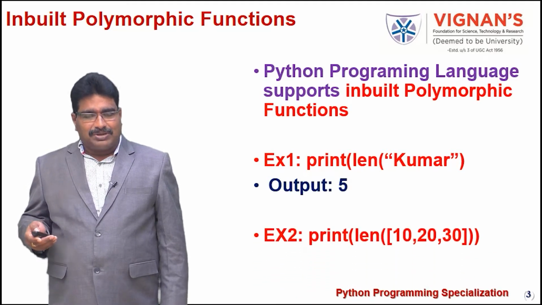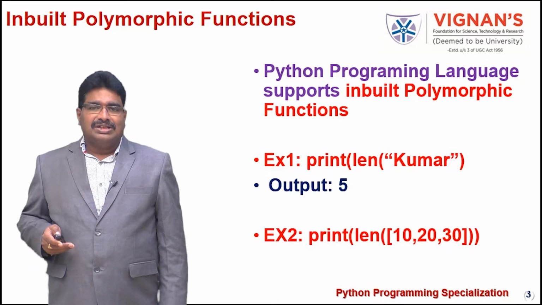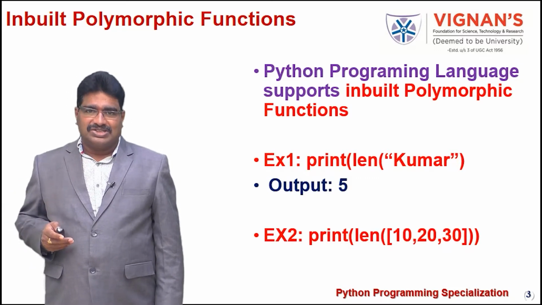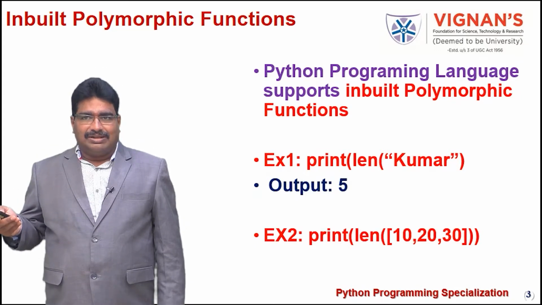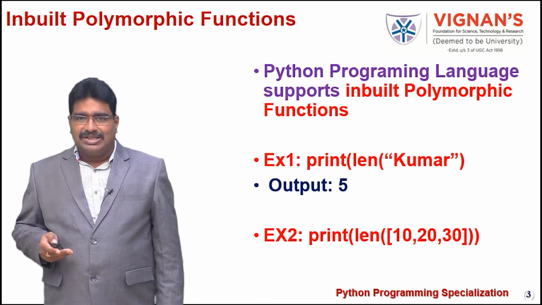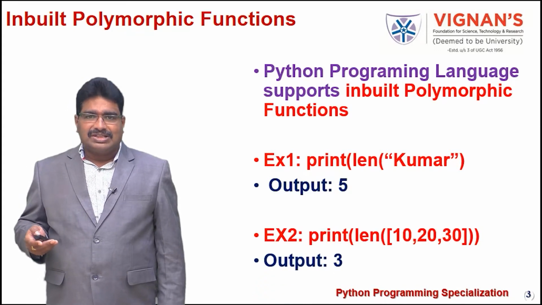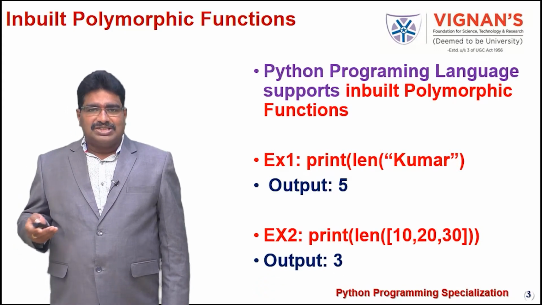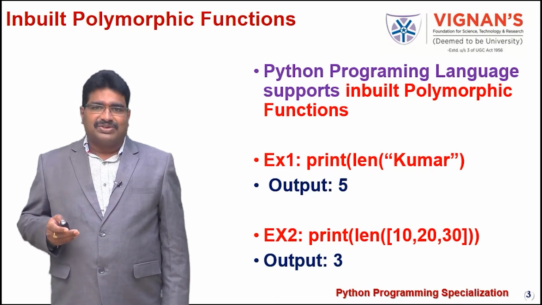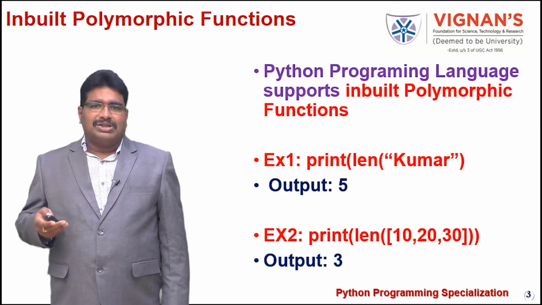Similarly, if you pass a list as the parameter, it returns how many elements exist in that list. For example, if we take the length of a list consisting of the 3 elements 10, 20 and 30, it returns the value 3. Based on these two examples, we understand that len is a predefined function that works based on the parameter we pass.